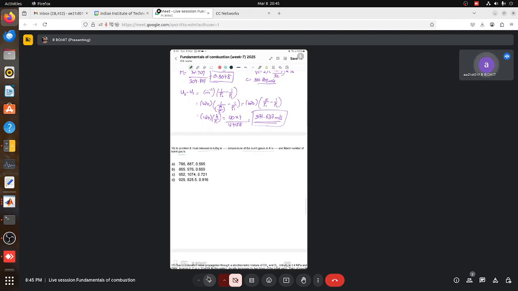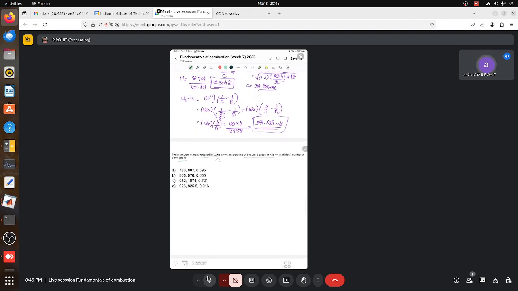Since we are asked for heat release rate, so your equation Q, we know it is nothing but gamma by gamma minus 1 into P2 by rho 2 minus P1 by rho 1 minus half into U1 square minus U2 square. Now U2 minus U1, we know it is 361.3673.